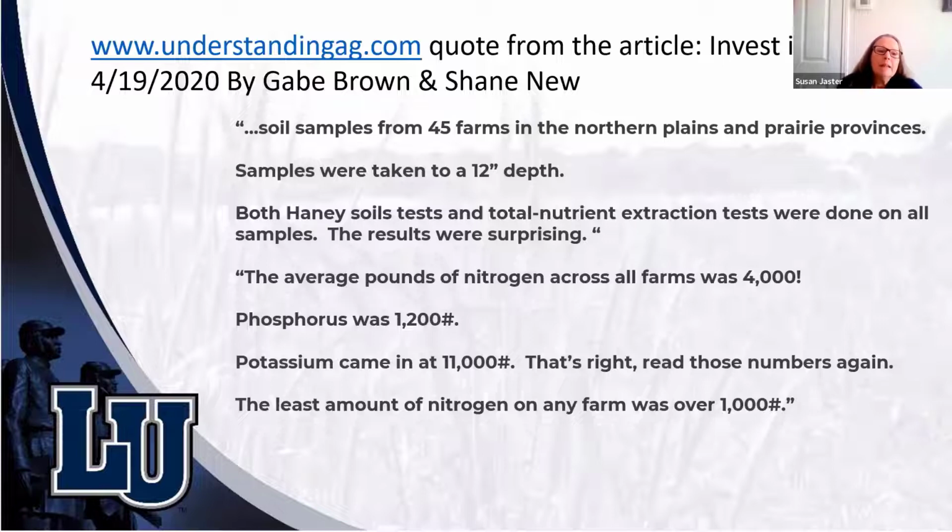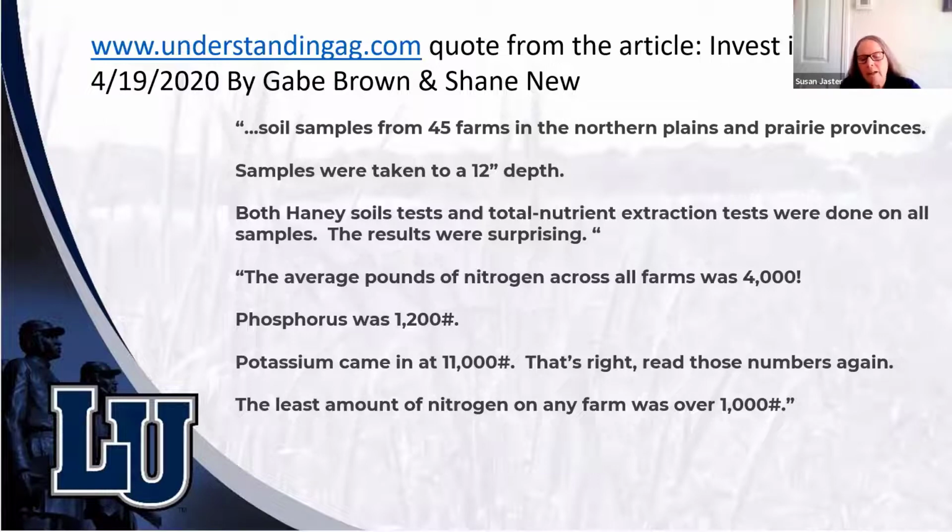Well, in 2020, they collected a bunch of soil samples from 45 farms in the Northern Plains and the Prairie provinces. And they took samples, they did them all at 12 inches.